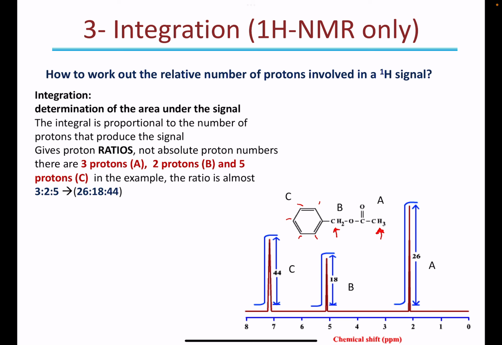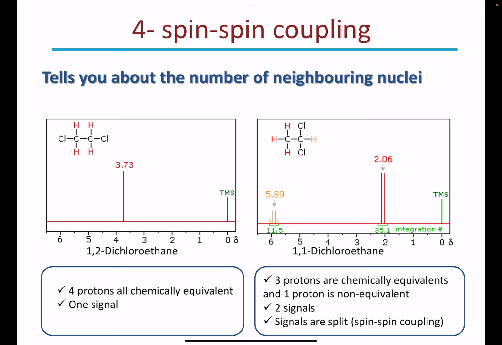And so the integration here is going to be 3 to 2 to 5, or it could give you an arbitrary number where the ratio between these three numbers will be 3 to 2 to 5. Usually in your exam, they will give you exactly how many protons are responsible for that particular signal. So that will give you information about the number of chemically equivalent protons that give you the signal.